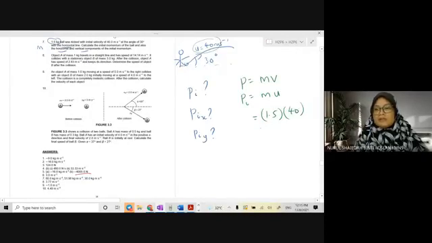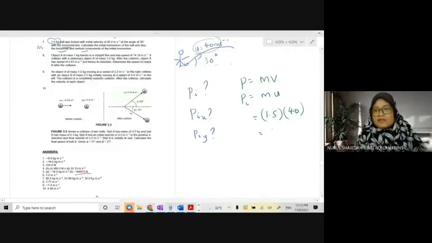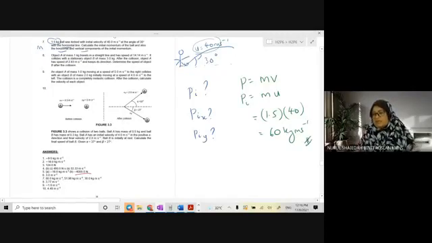So tekan calculator 1.5 darab 40. So you get 60. So jawapan dia 60 and unit kg ms -1. So that is your initial momentum. Boleh faham tak tu initial momentum?